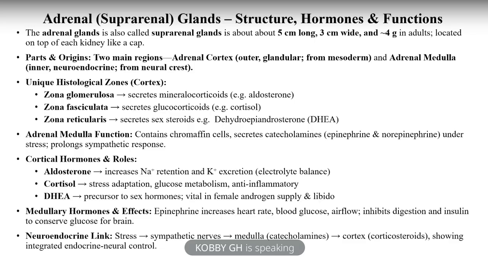For example, the zona glomerulosa has an endocrine role it plays. So the interest in anatomy here with the adrenal gland is not just about the structure. We are doing the endocrine system, so all the divisions we are doing are endocrine related. If you take the adrenal medulla, it has an endocrine role. The adrenal cortex has an endocrine role.